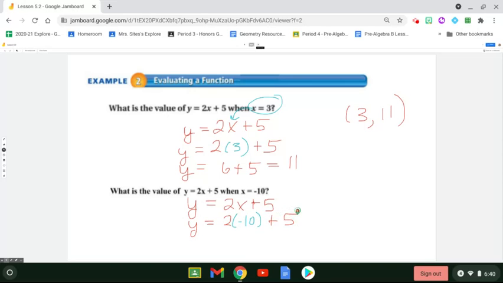So 2 times -10 gives me -20, and -20 plus 5 gives me -15. If I wanted to write it as an ordered pair, the x value is -10, and the y value is -15.